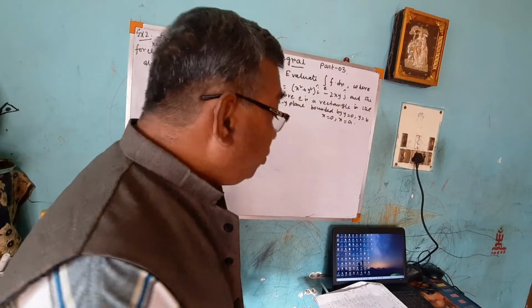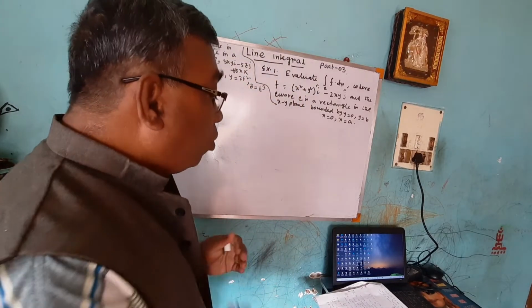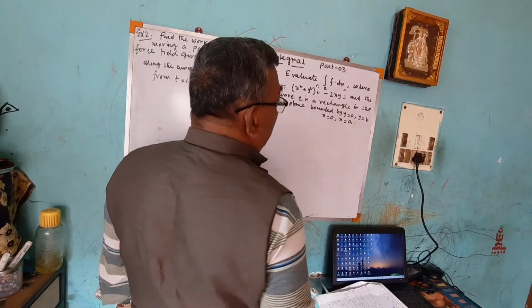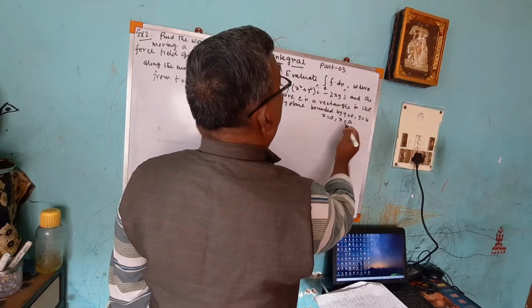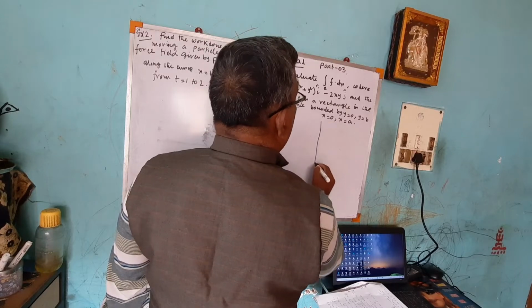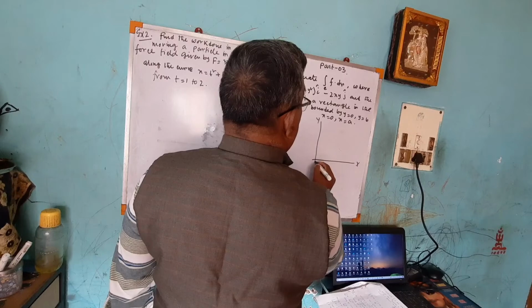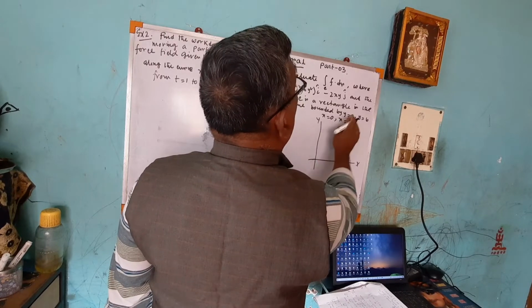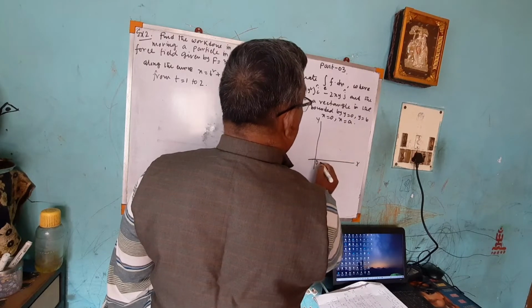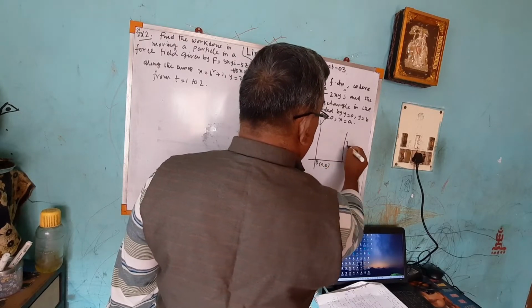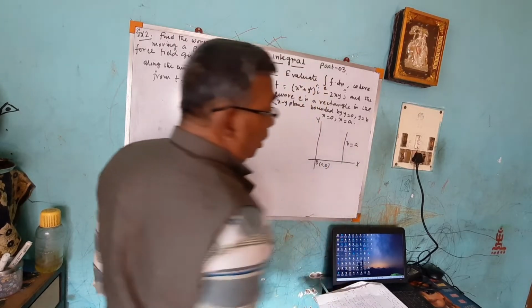Firstly we have to draw the rough sketch in the xy plane bounded by x equal to 0, y equal to 0. This is the x axis, y axis. This is O, 0, 0. This is the x equal to a line, the line parallel to the y axis.